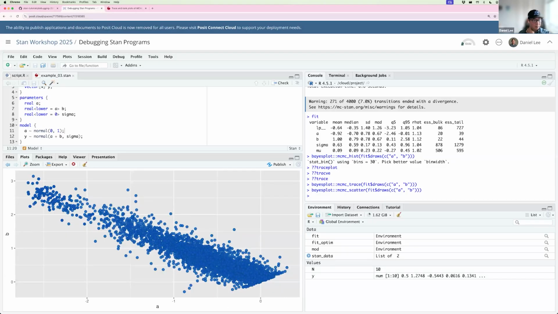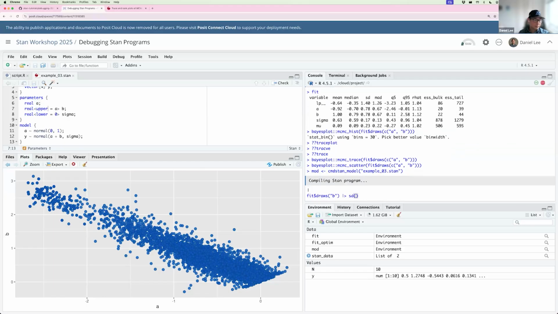Yeah, B is always going to be greater than A. If you wanted the other way around, you could do upper bounds. Doing these tricks actually changes the model, so just beware.